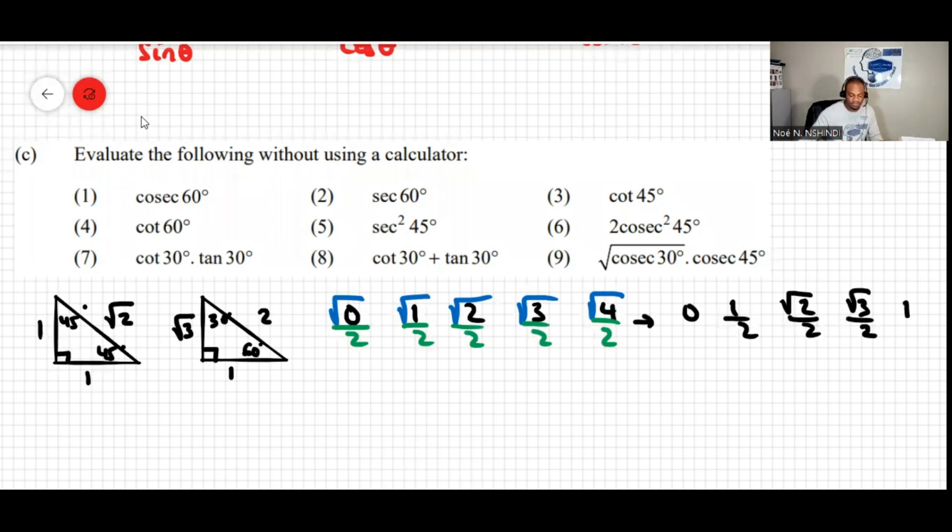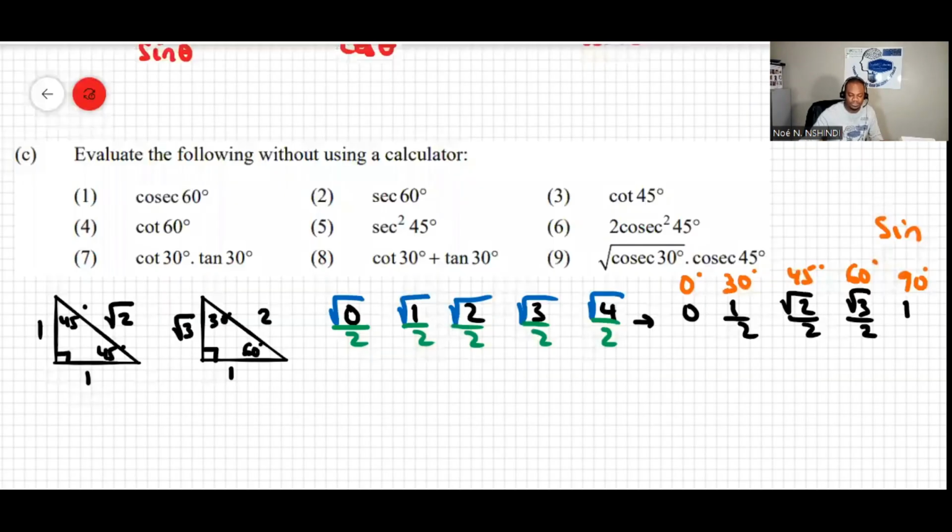If it is for sine, for instance, the sines will be like 0 degrees, 30 degrees, 45 degrees, 60 degrees, and 90 degrees. So that's for the sine. And then for the cos, it will be in reverse order.